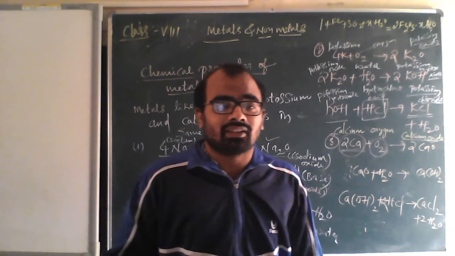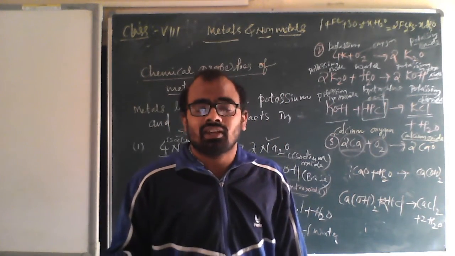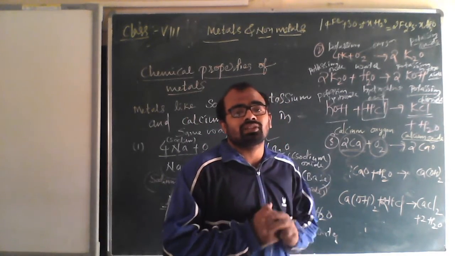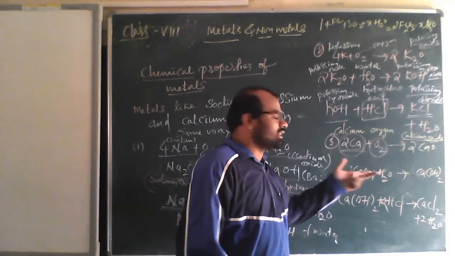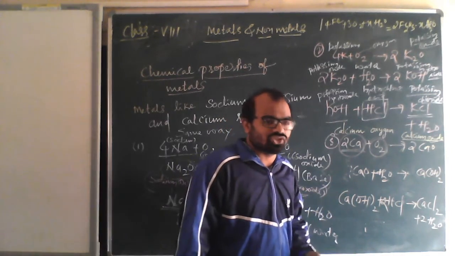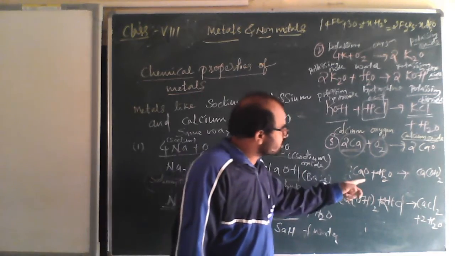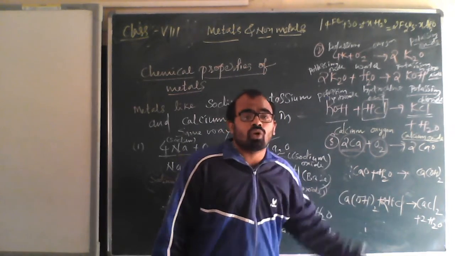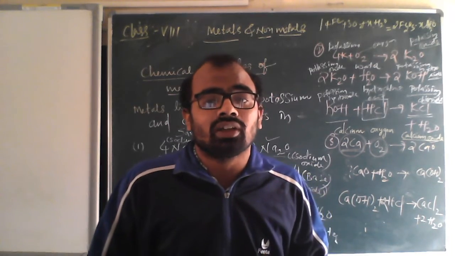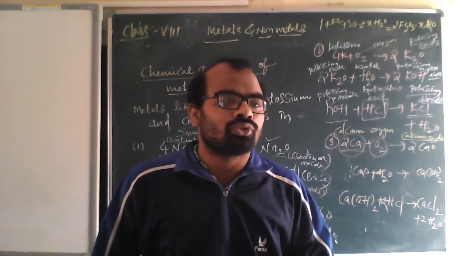Calcium is a metal. Calcium oxide is a metallic oxide. Metallic oxides are basic in nature. How to know that metallic oxides are basic in nature? They will turn red litmus to blue litmus. That means they are basic in nature. So calcium oxide will react with water. Then what does it produce?